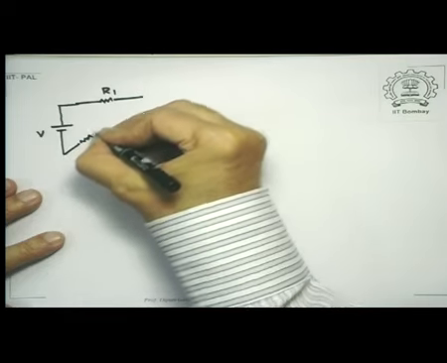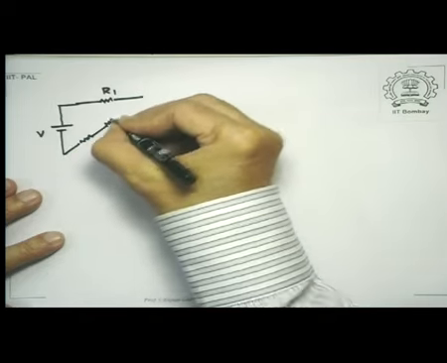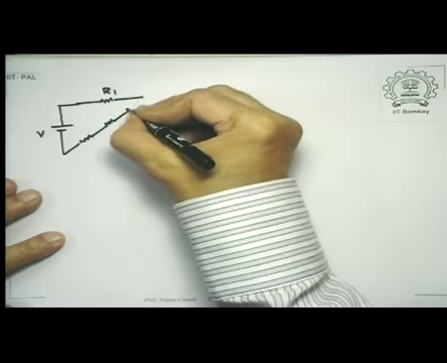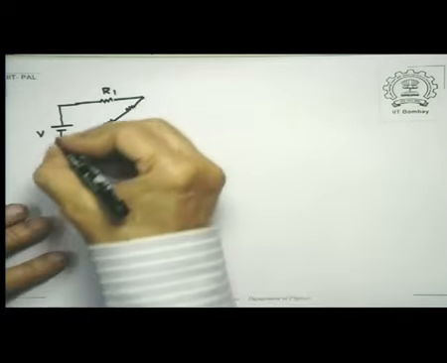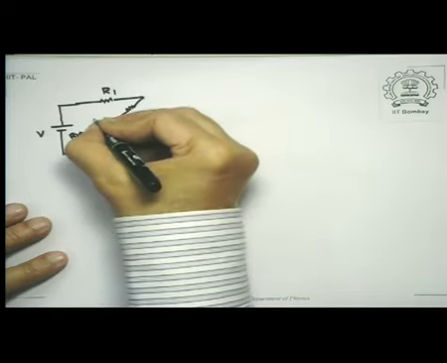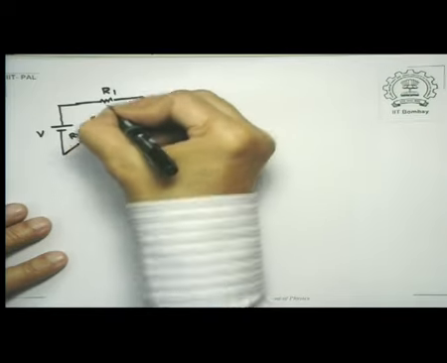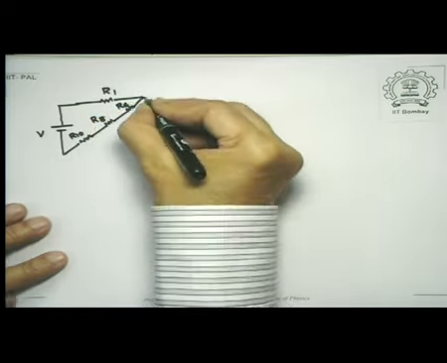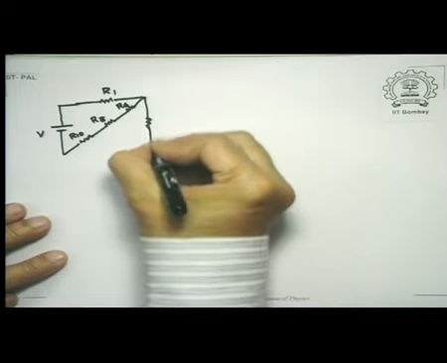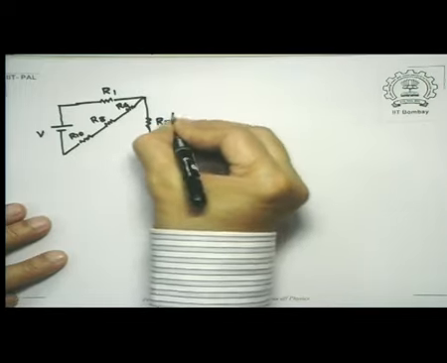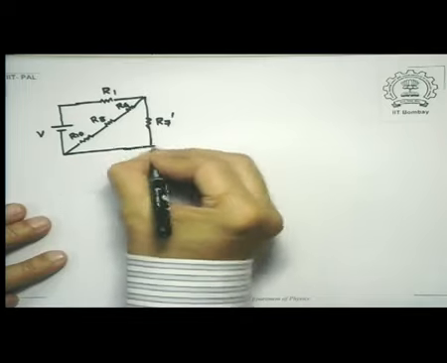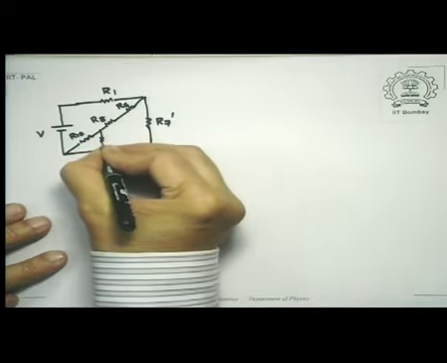This we called R10. This was a R8 and an R6. So this is R10, R8, this is R6, and this we had called R7 prime. And there was a R9 hanging in here.